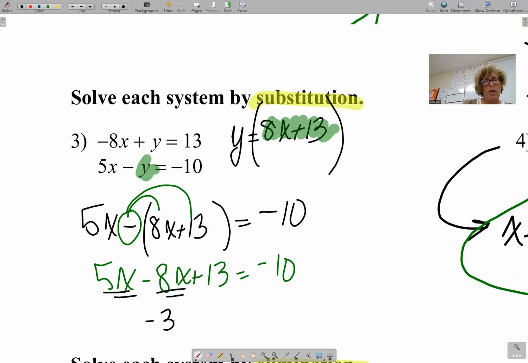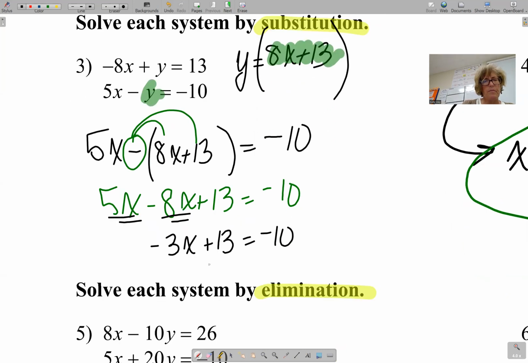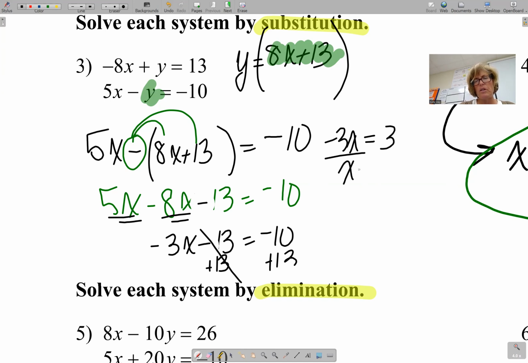I've got a -3x plus 13 equals -10. That's plus 13, so we're going to subtract 13 from both sides. And I have -3x equals -23... if I divide both sides by -3, x equals -1. That's the value of x.